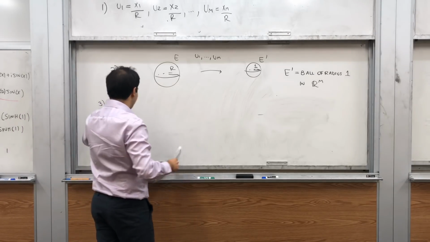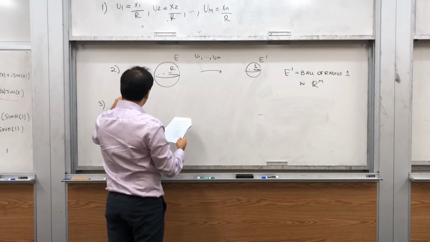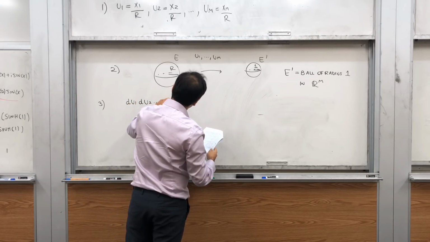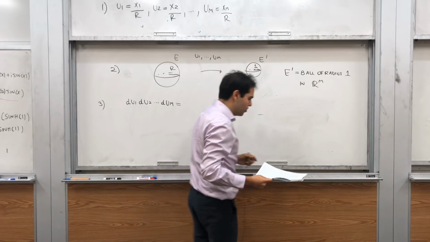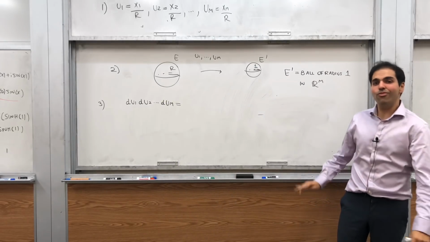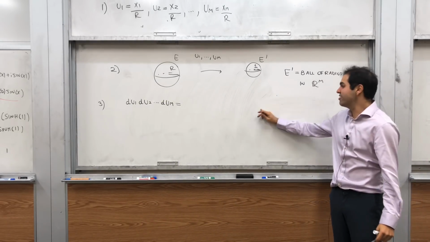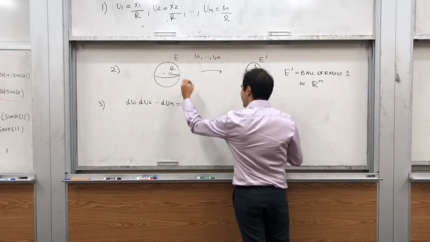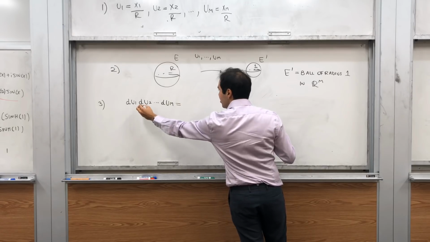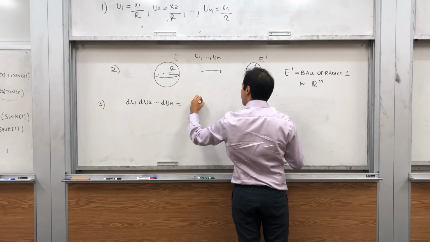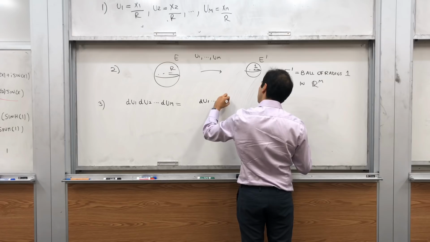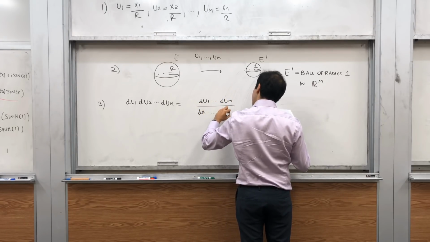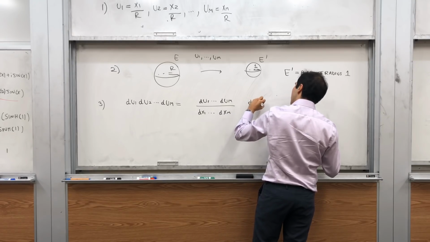And the way I like to write this is simply as du1 up to dum equals, so I know there's some notation with partial derivatives. I hate that notation. I like just to think of it in terms of single variable calculus. To get du1 up to dum, that's du1 up to dum over dx1 up to dxm, times dx1 up to dxm.